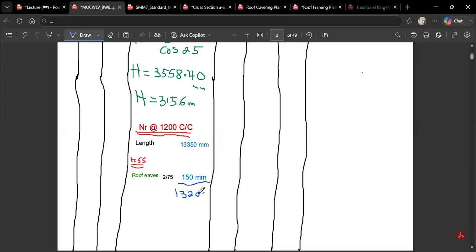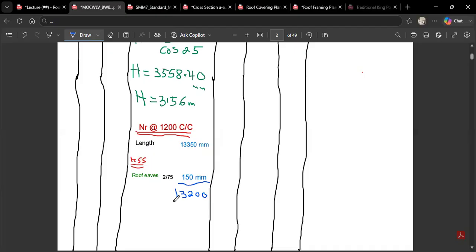As simple as that. But you realize that this answer we have gotten is just the total length of the roof framing itself, minus the roof eaves. If we want to know the number of rafters, then we have to divide by 1,200 center to center.